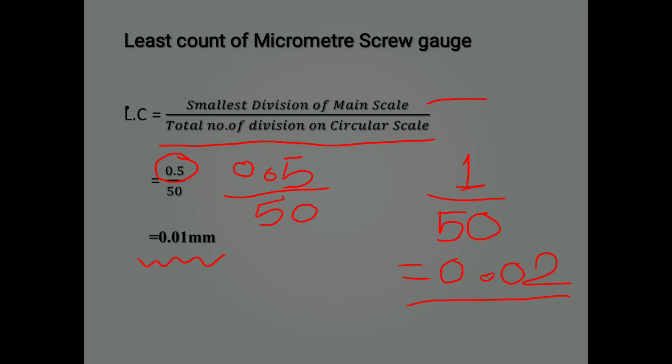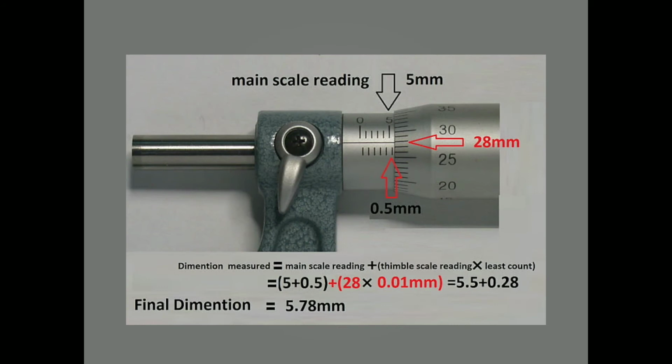So while choosing a measuring instrument, you must first of all prefer the micrometer screw gauge as per the range of that particular component. So it is all about the least count. Now let us see how exactly the reading is taken using a micrometer screw gauge.